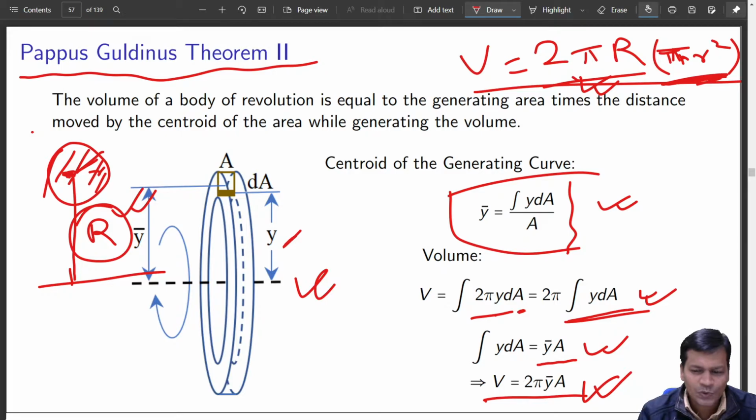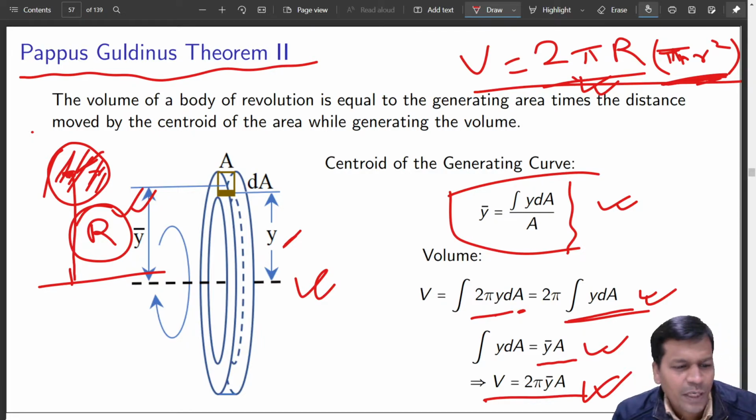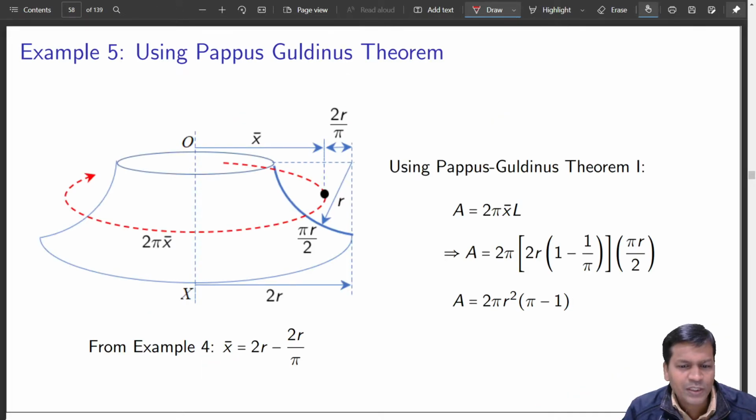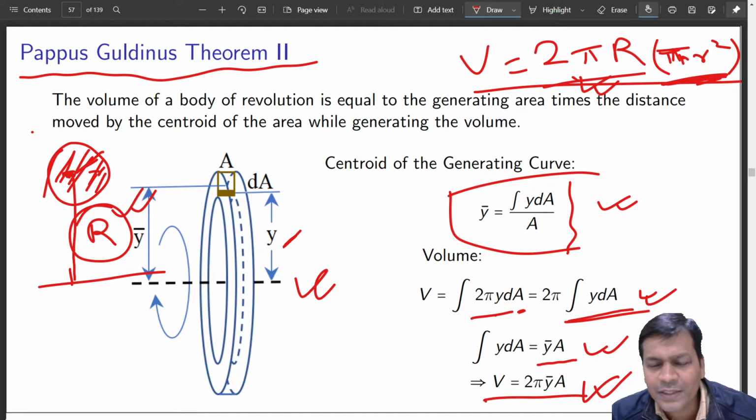So this is what is given by Pappus-Guldinus theorem 2. The second one talks about the volume, the first one talks about the area.